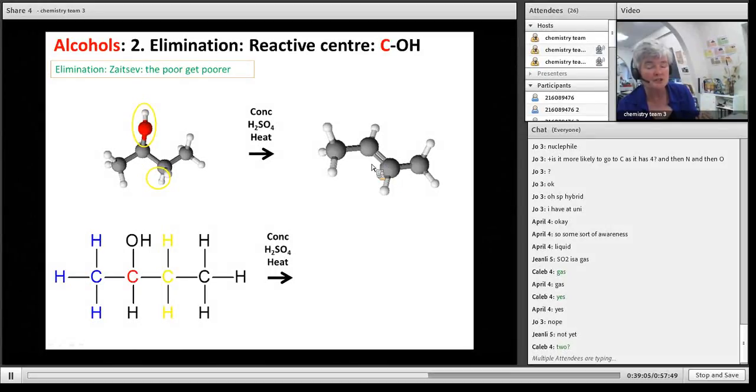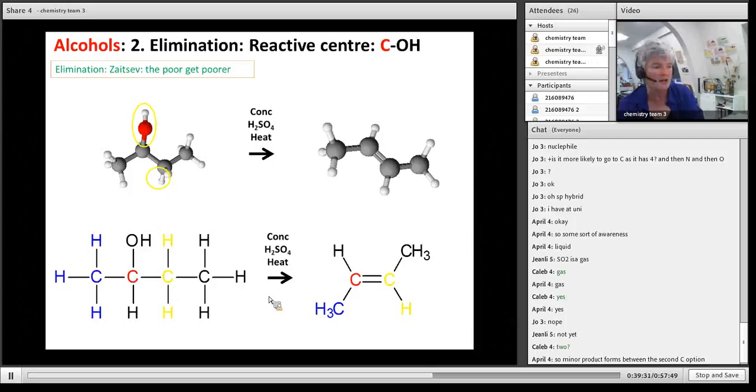This is a trans version I've got here, but you could also get the cis version. So this reaction can actually give 3 types of products: the trans but-2-ene, the cis but-2-ene, as well as the but-1-ene. Okay, you can't get cis and trans with but-1-ene, because the final carbon has got the same group on it, 2 hydrogens. So this would be the major product, and it could be cis or trans.